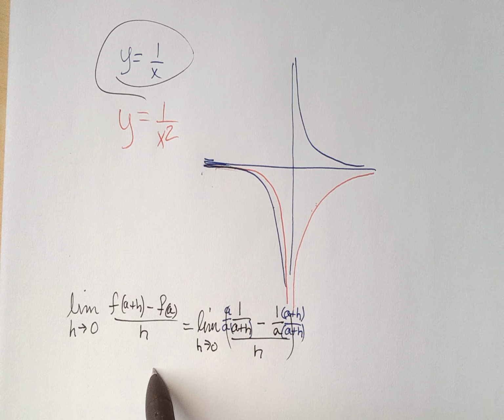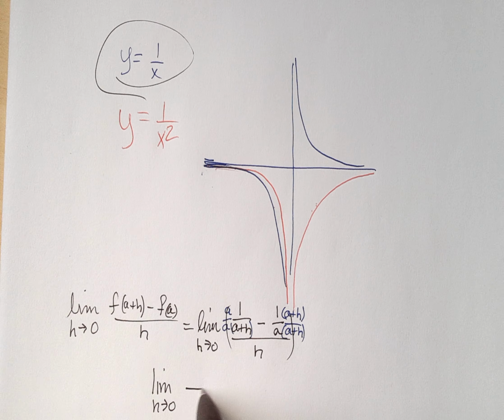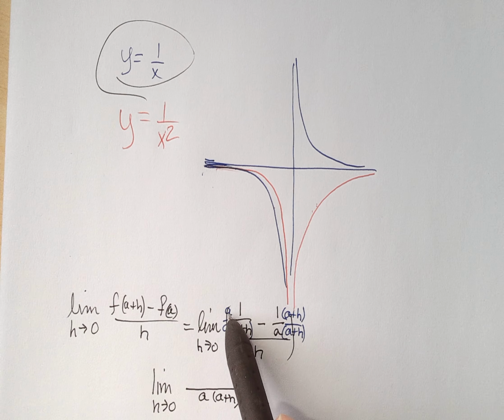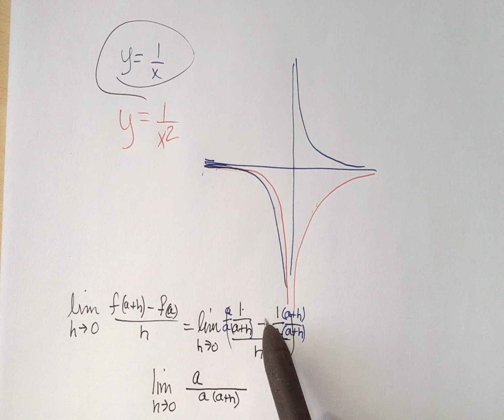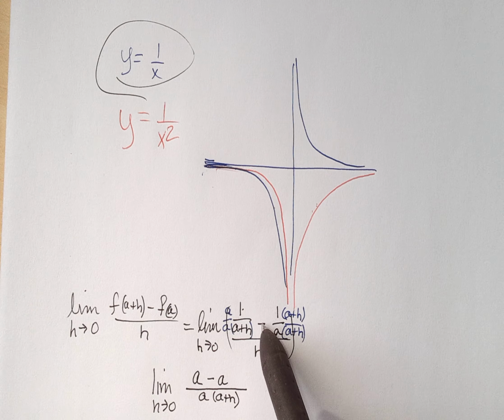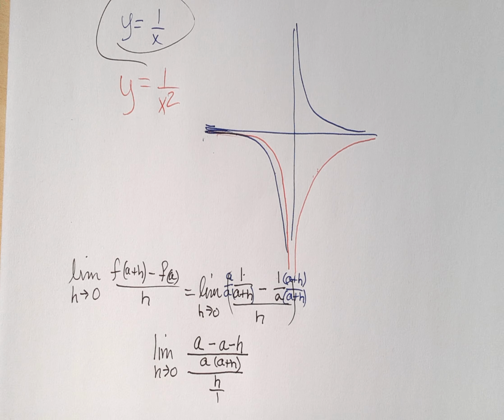Well, we have the limit as h goes towards 0 of a common denominator in the numerator of a times a plus h, and I have a minus 1a minus h, and that's over h over 1, understood there.